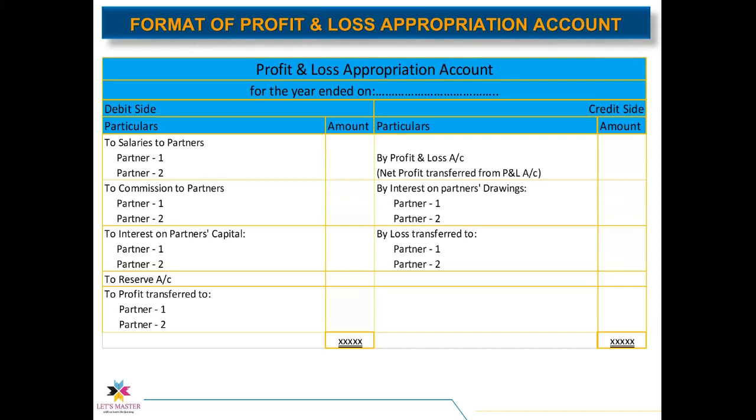On the credit side, we record all the incomes or the losses transferred to the partners' capital account. Whereas on the debit side, we record all the appropriations against the profit: salary, commission, interest on partners' capital, any amount transferred to the reserve, and the share of profit transferred to the partners. So this is a sample or specimen of a profit and loss appropriation account.